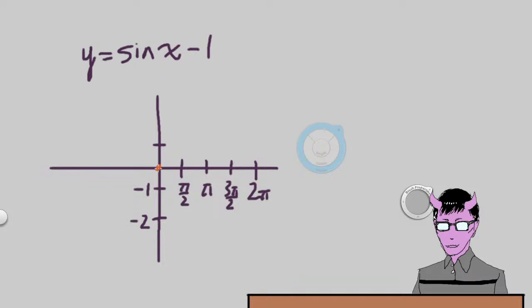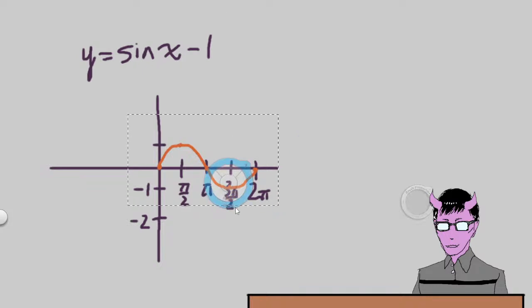So typically we start at 0, 0. We're going to be hitting max 1, 0, hit minimum negative 1, reset value. But we have a downshift of negative 1. So here's what happens. Normally for the unshifted function, if we ignore this part right here, just the base sin x function, we're going to start at 0, go to 1, 0, minimum, reset.